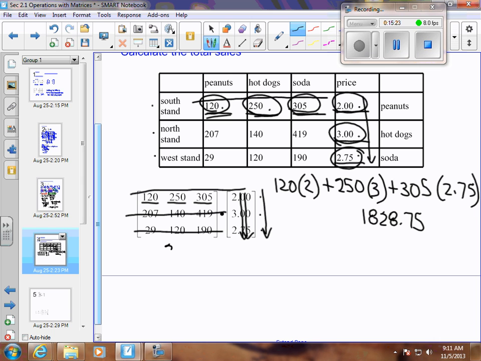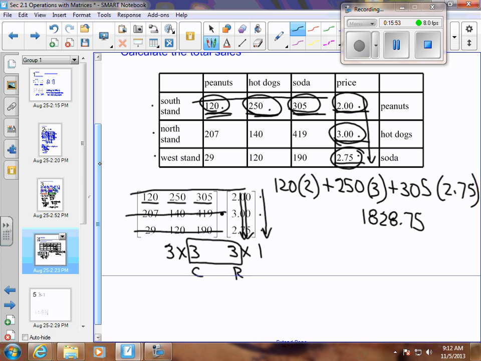Notice that this matrix has 3 rows and 3 columns. This matrix has 3 rows and 1 column. The dimensions are not the same, yet they are compatible for matrix multiplication. In order to multiply matrices, the number of columns of the first matrix must be the same as the number of rows in the second matrix.